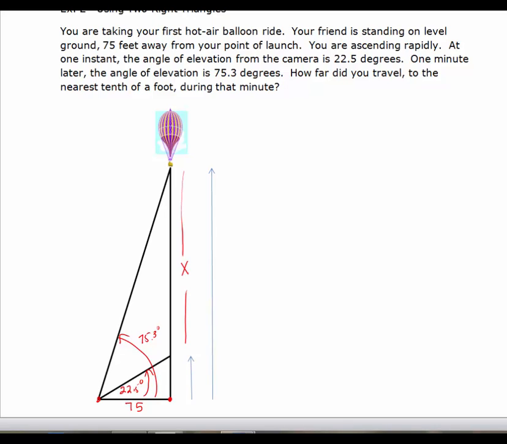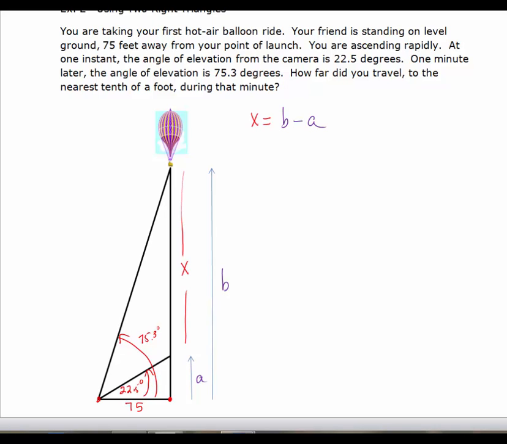So I'm going to label this first distance A and this second distance B. We have two different triangles, and if it helps, you can draw the triangles separately. But in the end, x is going to equal the distance B minus A. So if I can find B and I can find A, I can find x.